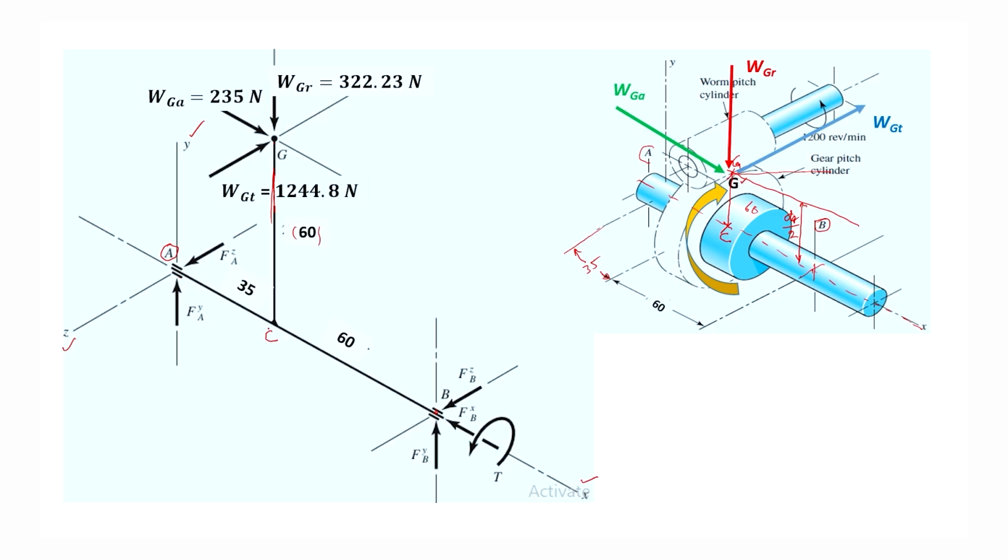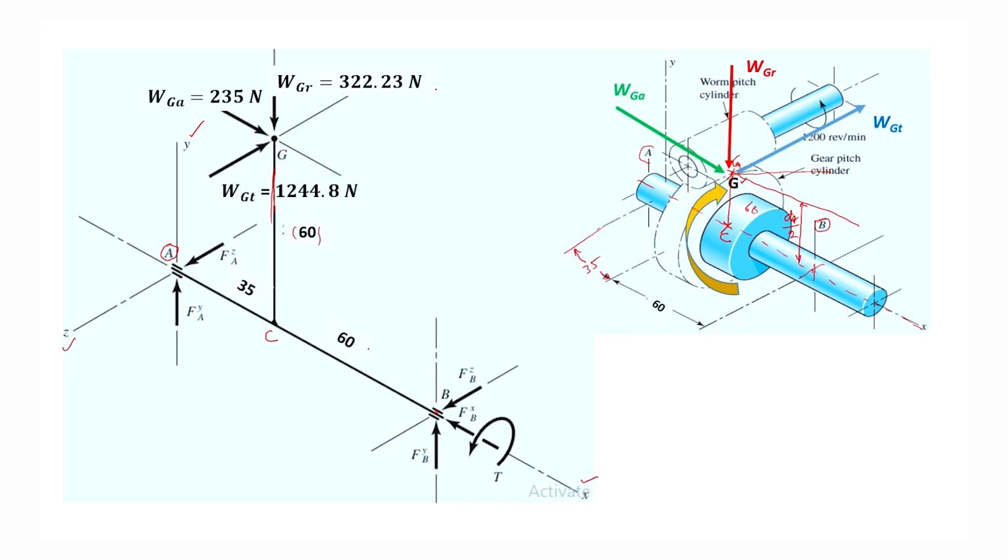AC is 35, CB is 60 and CG is 60. And at the pitch point G, the forces acting on the gear are WGR along the direction of negative y, the axial force in the direction of positive x and the tangential force in the negative direction of z.